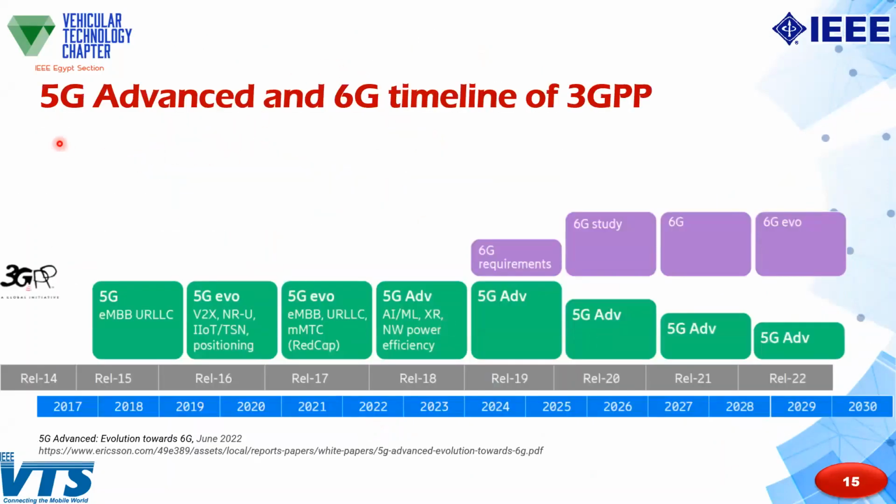If we are talking about the 5G Advanced and 6G timeline, from this figure you can see that from the first announcement of 5G, we had 3 non-cooperative organizations: IEEE from the research perspective, ITU from the regulatory perspective, and 3GPP from the operator and vendor perspective.